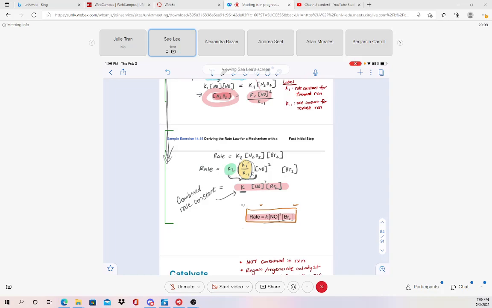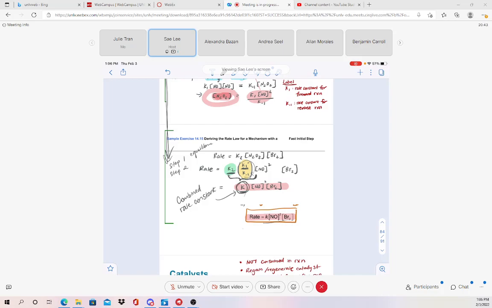If you have step 1 and step 2, and step 1 is in equilibrium, you will have a forward reaction rate constant and a reverse reaction rate constant. Keep those. So your overall rate constant is going to be the step 2 rate constant multiplied by the step 1 forward reaction rate constant divided by the reverse reaction rate constant. That is the overall rate constant.